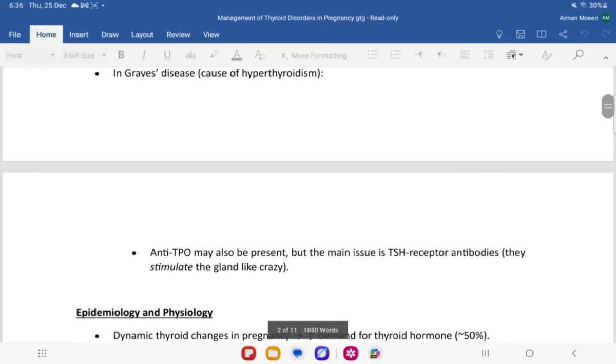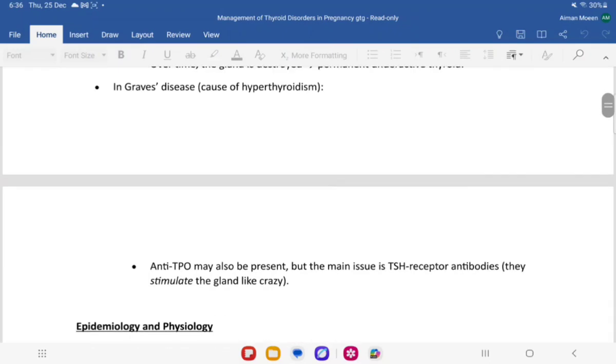Graves' disease is hyperthyroidism. Anti-thyroid peroxidase antibodies may be present in Graves' disease as well, but the main issue there is not the anti-thyroid peroxidase antibodies. They have a specific kind of TSH receptor antibodies, and they stimulate the gland like crazy. I hope I'm clear up till now.